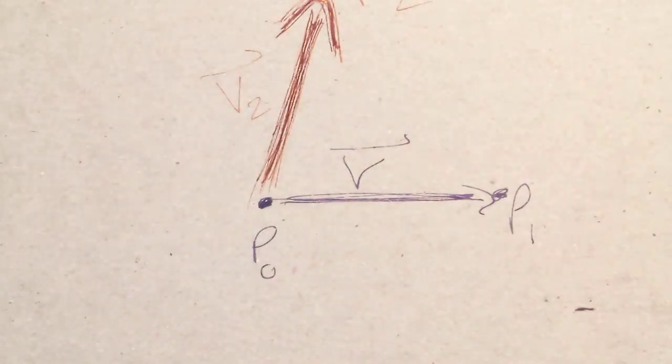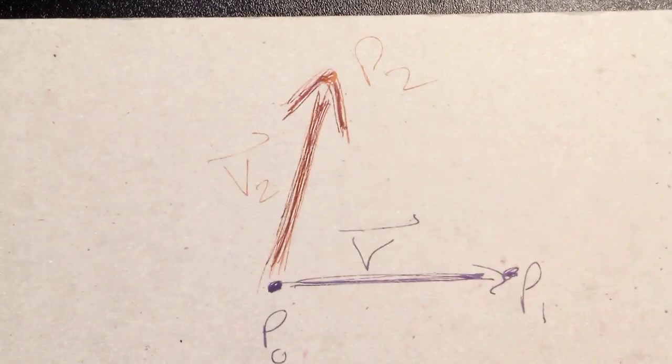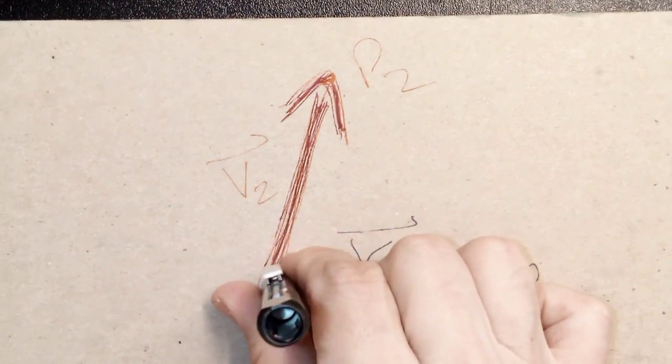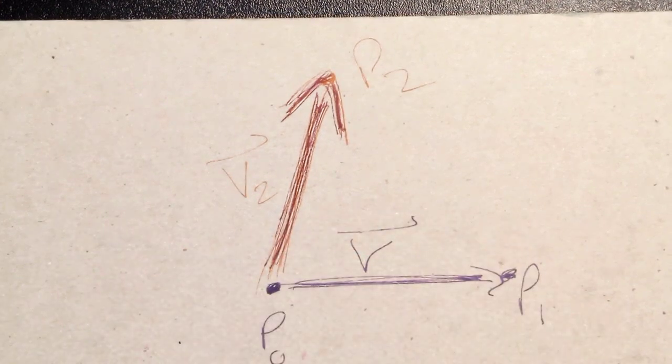So if I have vectors v1 and v2 and some point p0, I could say the equation for the plane comes from looking at the normal vector. But I could also say that I'm going to make a grid on this piece of paper using these two vectors as axes.